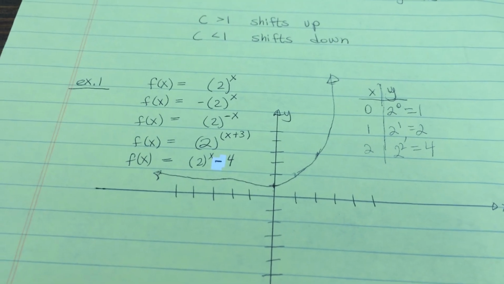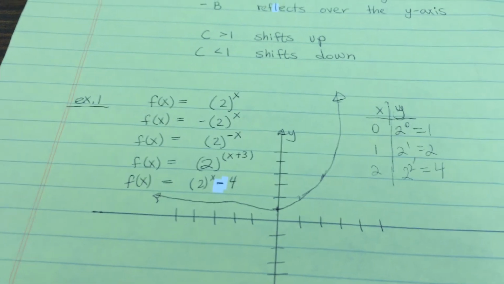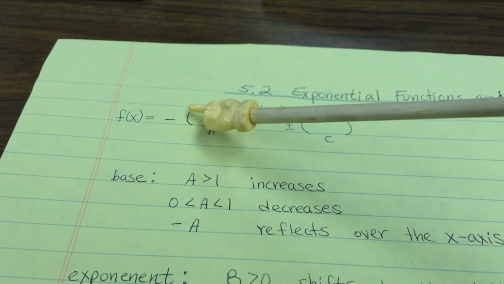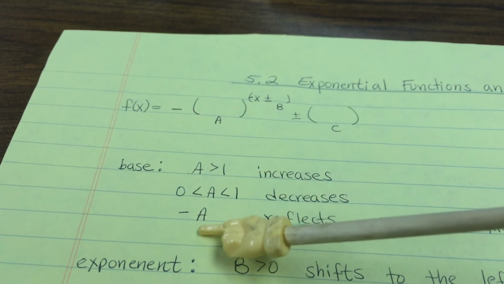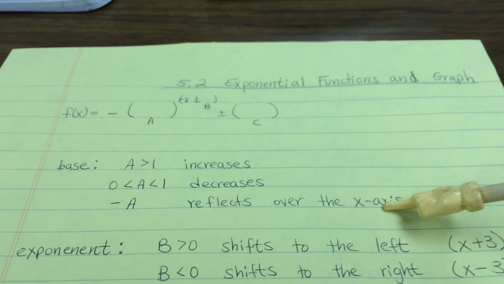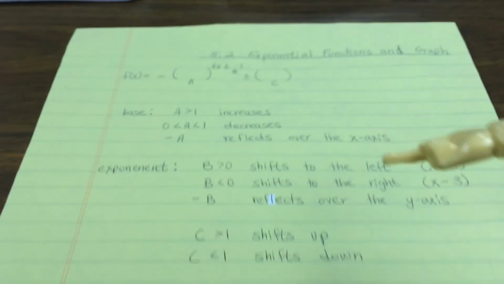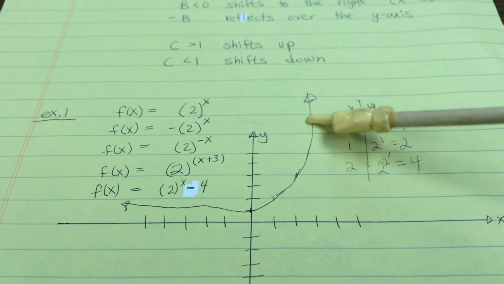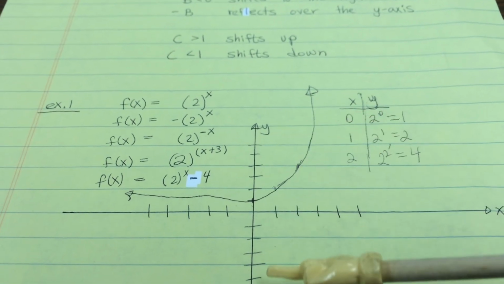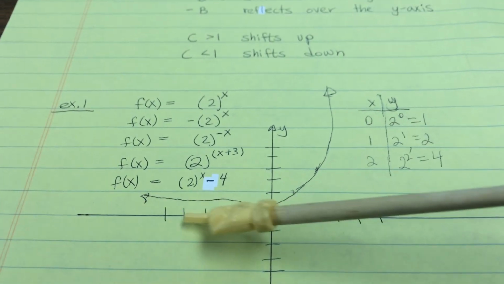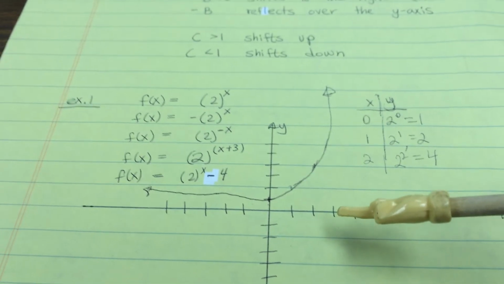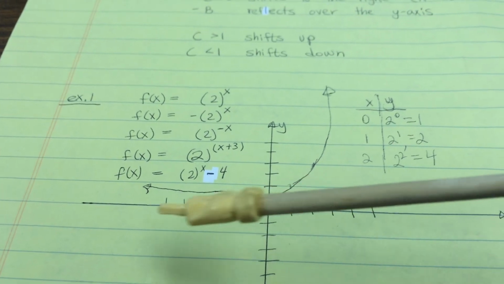Now, negative 2 to the x. That goes back to our base rule that we set up here. If I have a negative on the base, which is this part right here, it reflects over the x-axis. What does that mean? If I know what the original graph is, it's going to reflect over the x-axis. This is similar to when we did the inverse graph, where you had y equals x as the folding line.